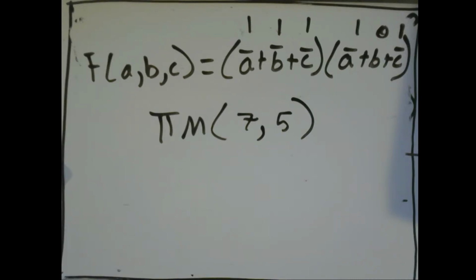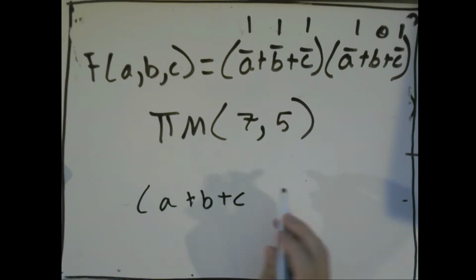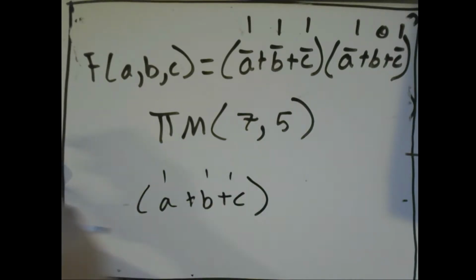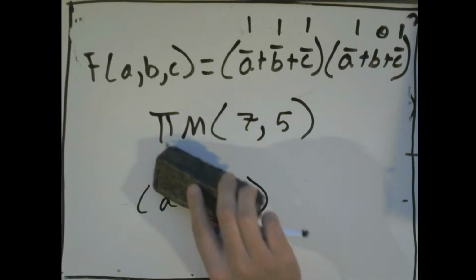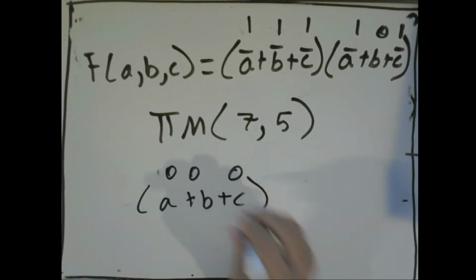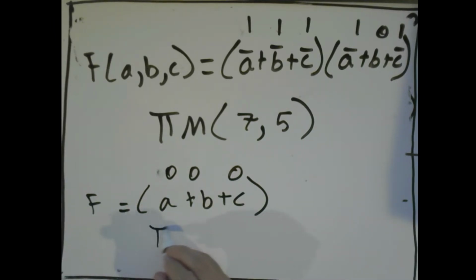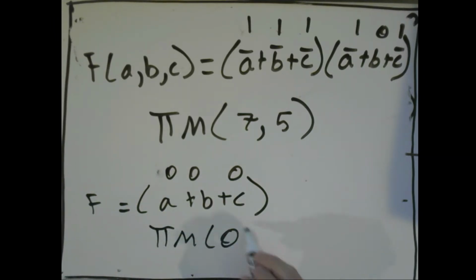And as Joshua said, if I had this term right here, A plus B plus C, normally in an SOP we'd write 1, 1, 1, but for POS it's the opposite. This is 0, 0, 0. So for this particular equation, if you had this, you'd write this.